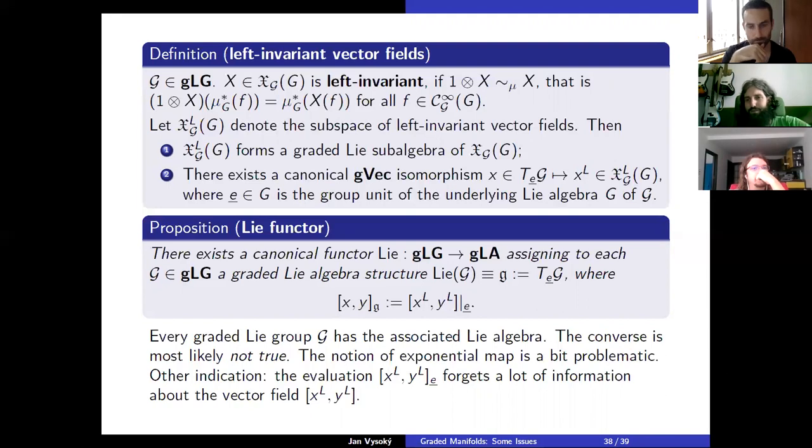Because if you shift R by a non-zero integer, then the underlying Lie group is a trivial one. So I have two non-diffeomorphic graded Lie groups over the same trivial Lie group. It's a stupid example, but it's an example.